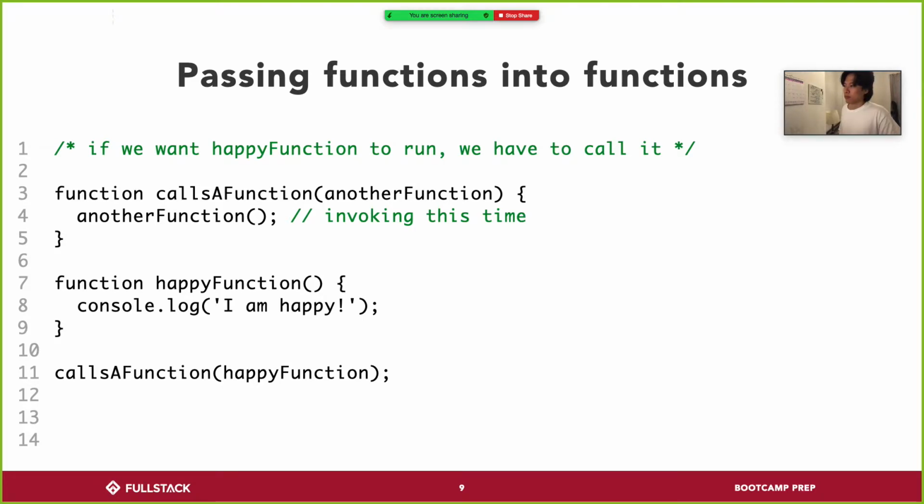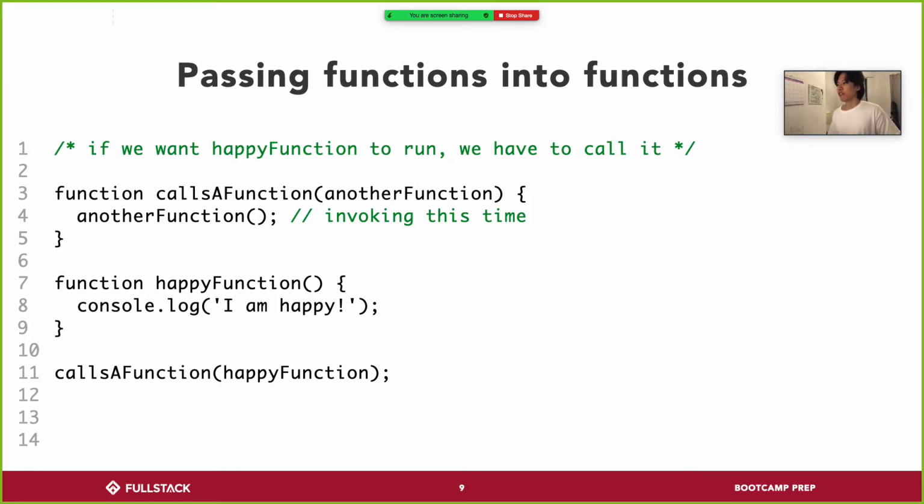I am happy. Mm-hmm. I am happy. Yep. Great. Yeah, functions, when you don't invoke them, are merely values that you can pass around. And the difference is, like on line 4, you can invoke it, versus if another function was not a function but an object or an array, then you can't use these parentheses to call it because it's not a valid operation.